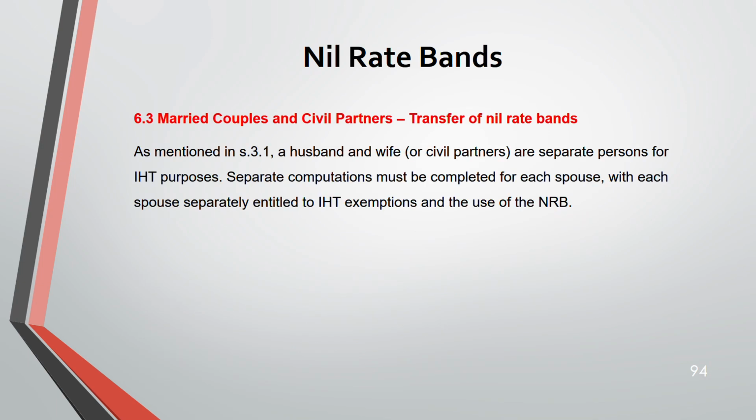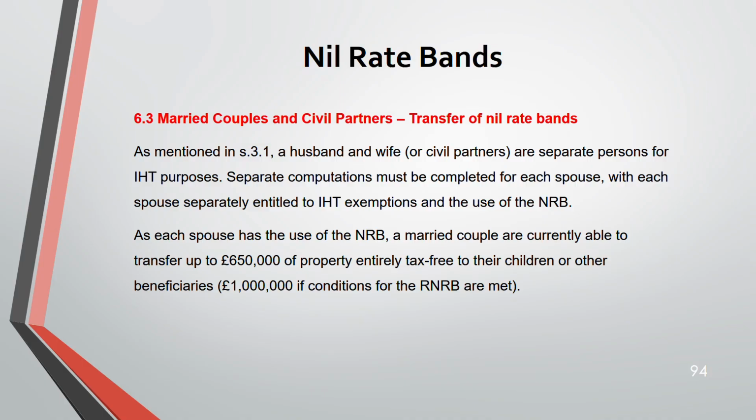Now, married couples, transferring the nil rate band. As mentioned, husband and wife are separate persons. A separate computation has to be done for each spouse. Each spouse is entitled to IHT exemptions separately and uses their nil rate band separately. As each spouse has the use of a nil rate band, a married couple can transfer up to 650,000.